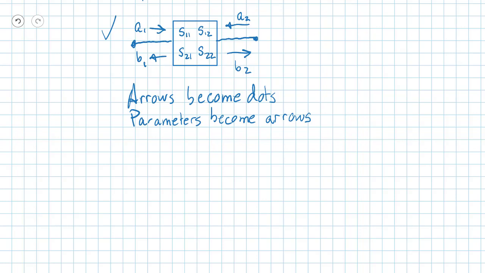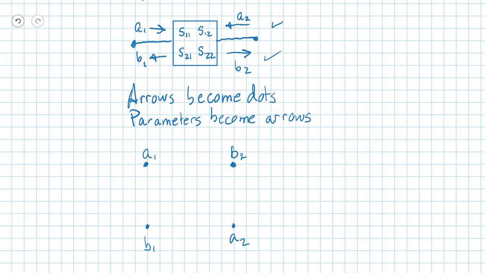So the A1 arrow becomes a node, and the B1 arrow also becomes a node. And then similarly on the output, the A2 and B2 arrows will become nodes on our flow graph.